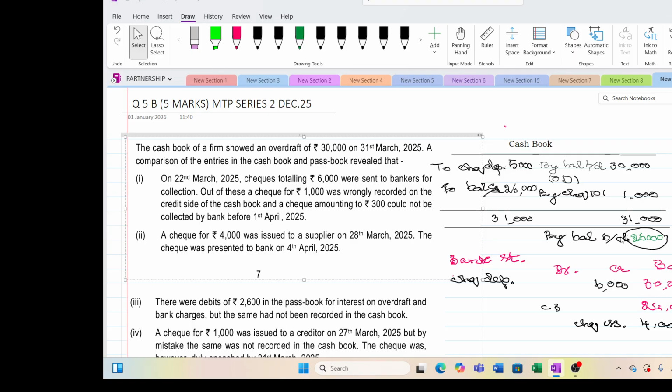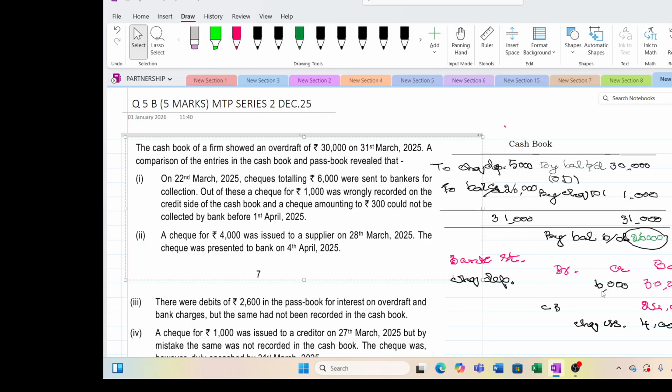But what happens in the bank statement? Let us see. In the bank statement, let us consider the earlier balance was the same. You just assume 30,000. That was a debit balance because in your cash book it is a credit balance, meaning overdraft. In your bank statement it will be shown as 30,000 debit balance. Now what happens? You have deposited checks of 6,000 rupees. Some 2-3 checks you have sent to the bank totaling 6,000.